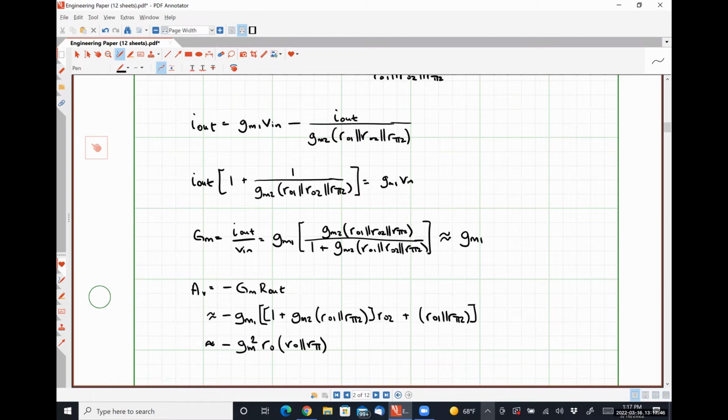So we get a larger gain, which is exactly what we should expect using a cascode configuration, because it inherently has a larger output resistance. All right, so let's quantify this stuff using numbers.